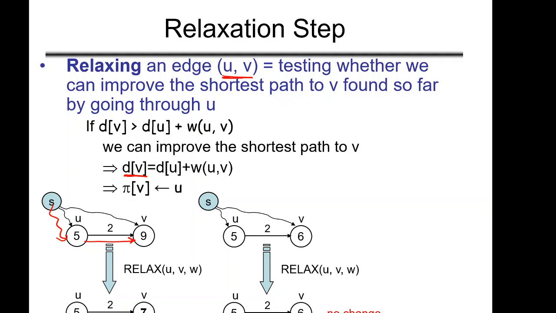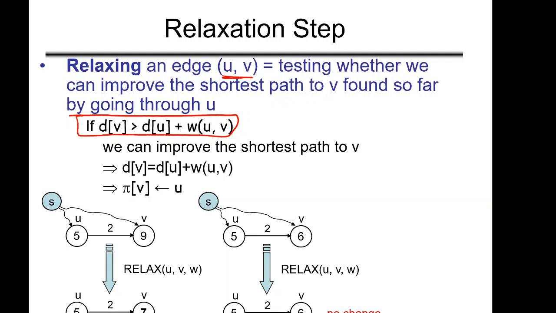So if we follow the shortest path, we are coming to v from u, not from any other path. Only if the condition is satisfied, if it is greater, will we make these changes. In the rest of the cases it is equal, since less than is not possible. So it is either greater or equal, and if it is equal, we make no change.